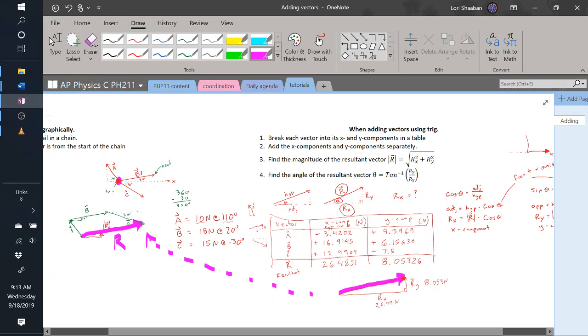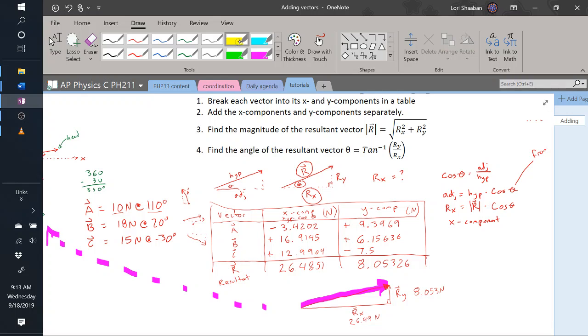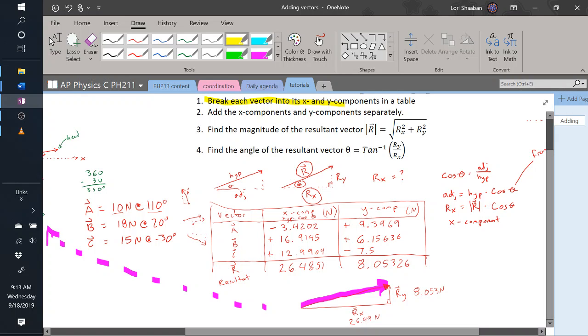So we know that when we add it up graphically, it looks fairly similar to the one where we added with our mathematics. So if we look up here, we have broken each vector into its x and y components in a table. Then we added the x components and the y components separately.